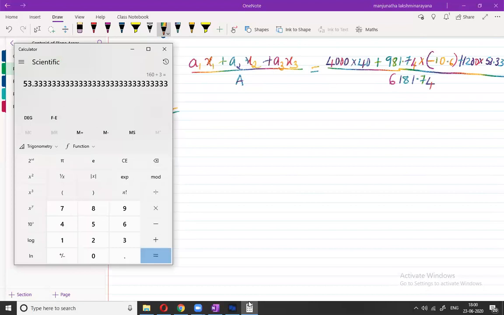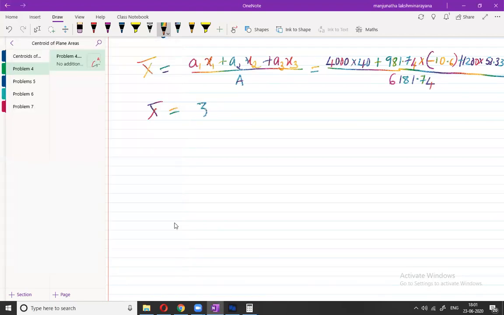Let us calculate that value. So 4000 into 40 plus 981.74 into minus 10.6, plus 1200 into 53.33, divided by 6181.74, which comes equal to 34.55.